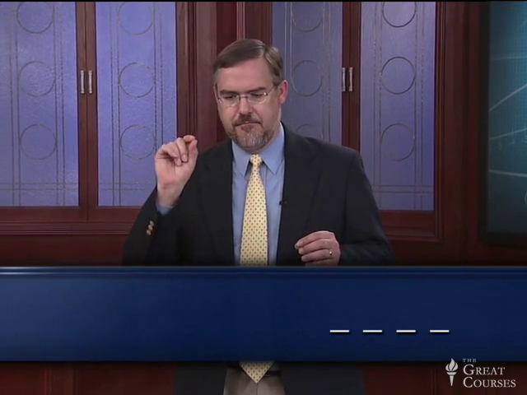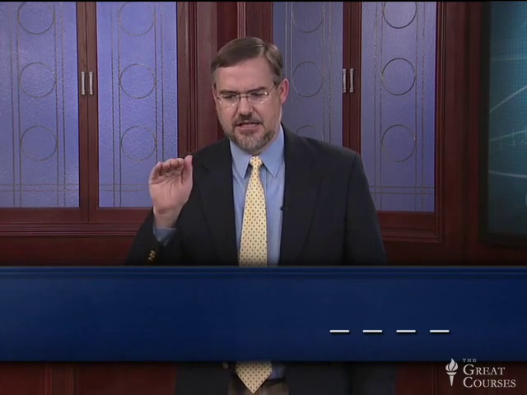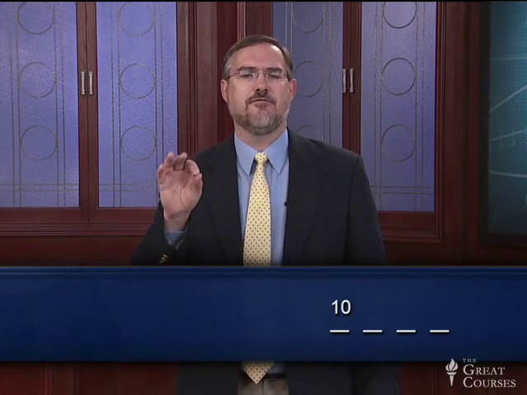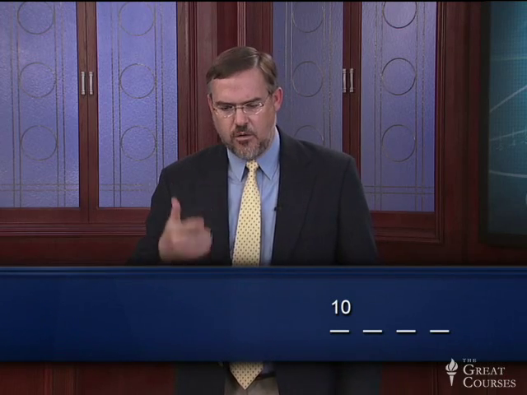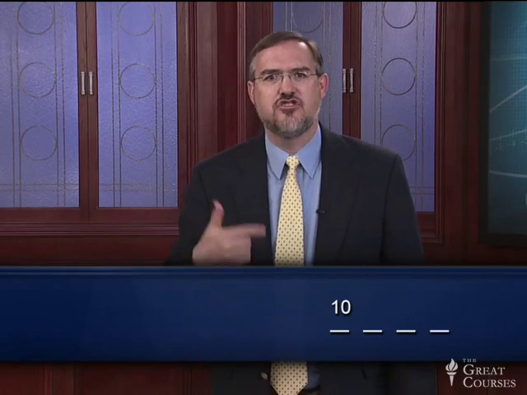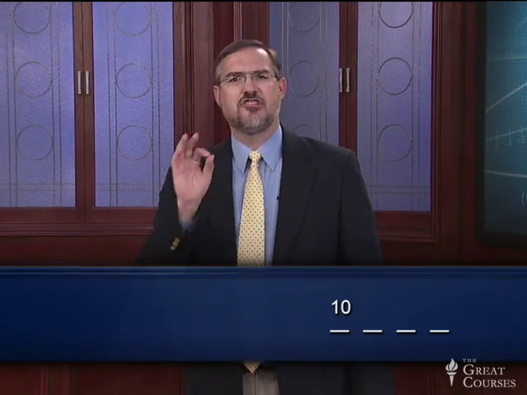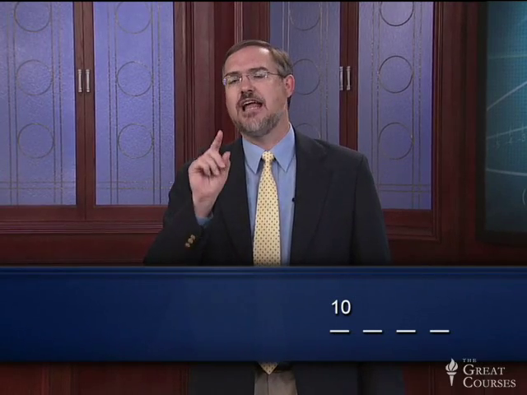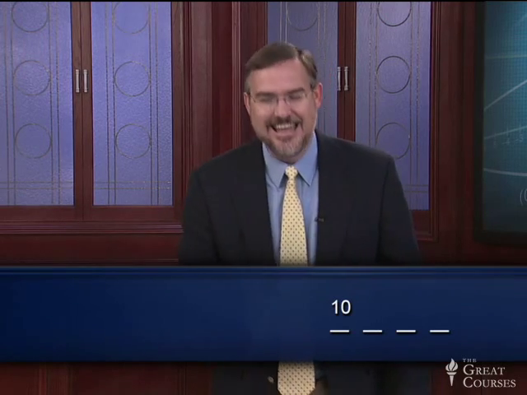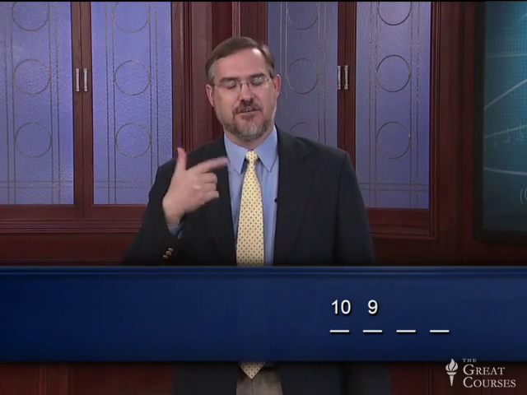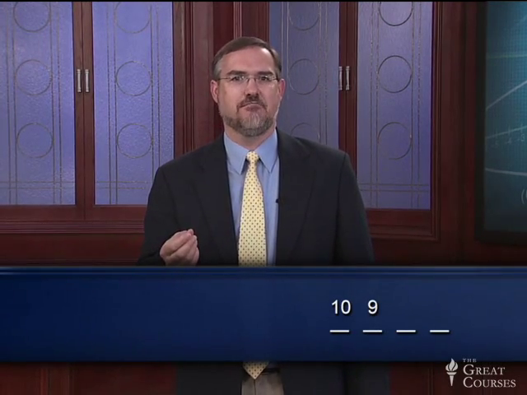Well, since the digits are allowed to be anything from 0 to 9, the first blank is allowed to have 10 different possibilities. So the first blank has 10 choices. Now, the second digit, because it has to be different, only has 9 different choices for that second blank.